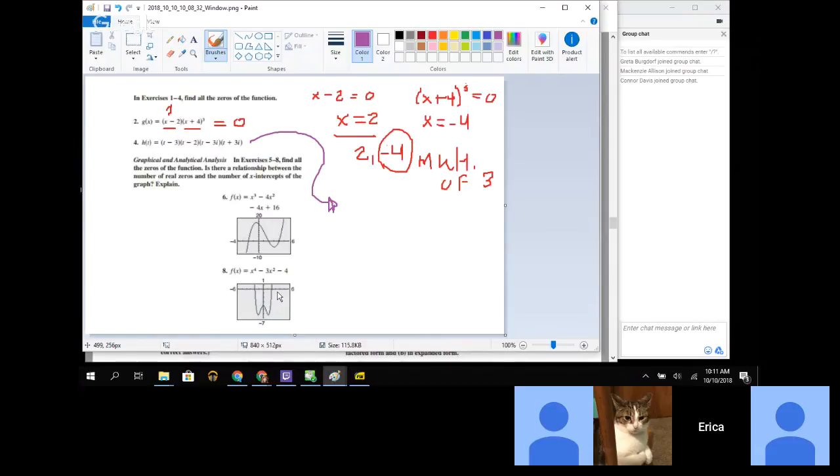If I wanted to find the roots, they've already factored it for me, thank goodness, so I just need to set each of these equal to 0. The zeros of this function are when t equals 3, t equals 2, t equals 3i, and t equals negative 3i. Those are all my roots.